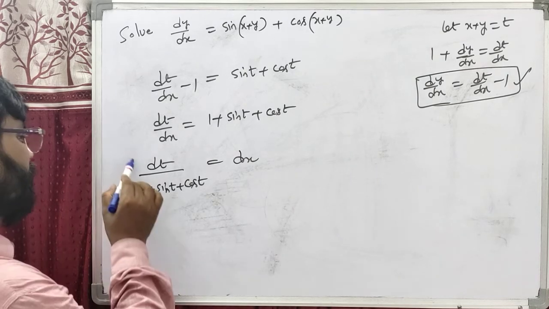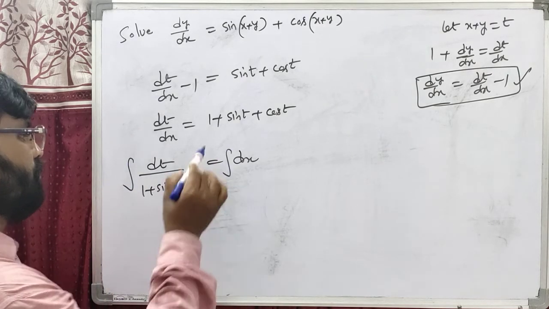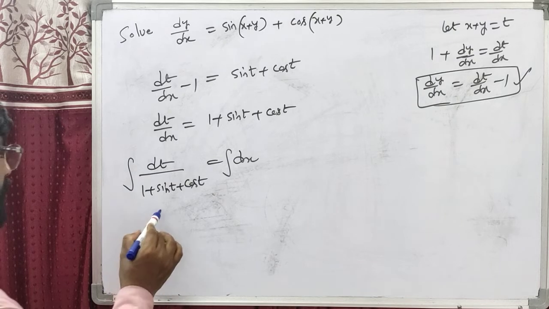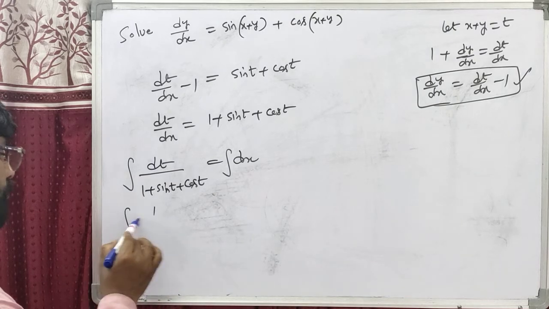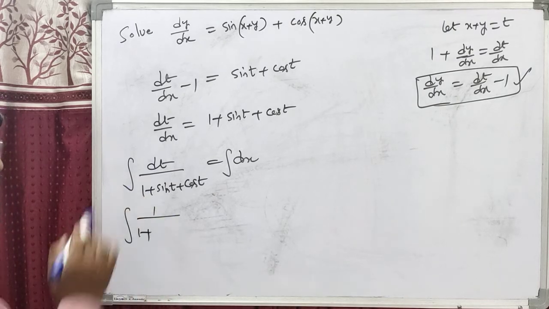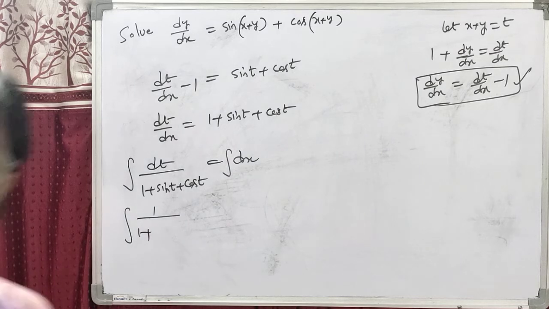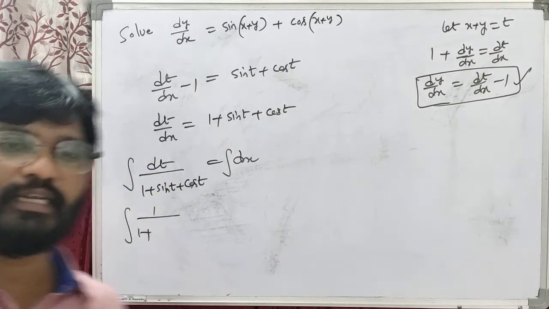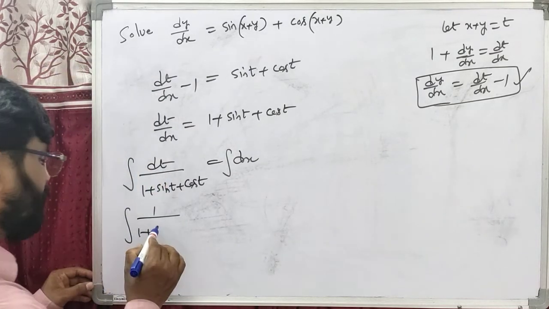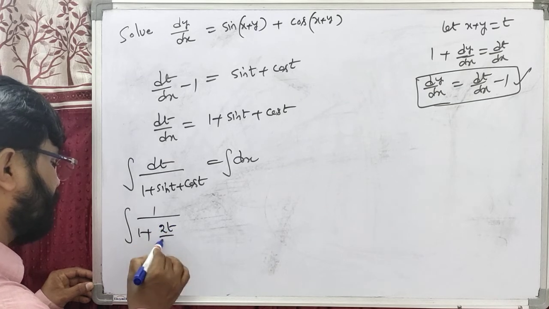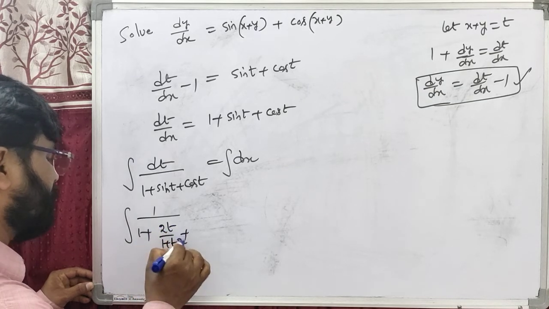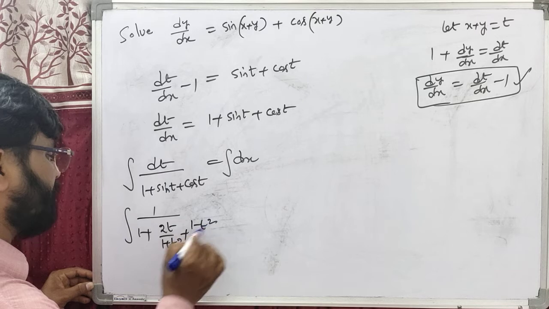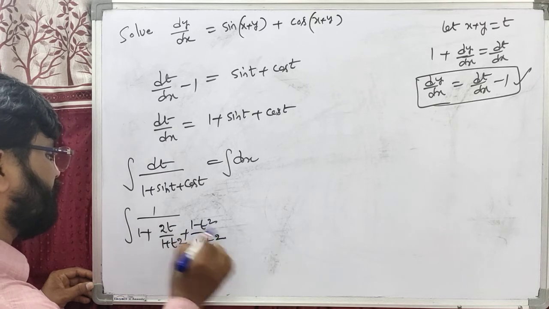Dear students, we can apply integral on both sides. How to write, students? First you can write 1 plus sin t, with the formula 2 tan theta by 2 by 1 plus tan square theta by 2. Dear students, we can take 2t by 1 plus t square. The cos t is 1 minus t square by 1 plus t square.